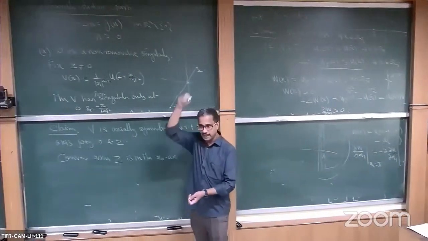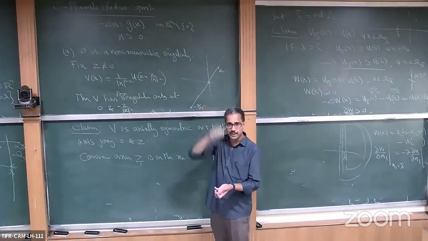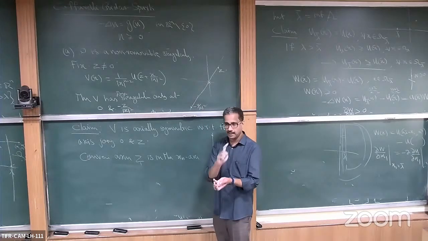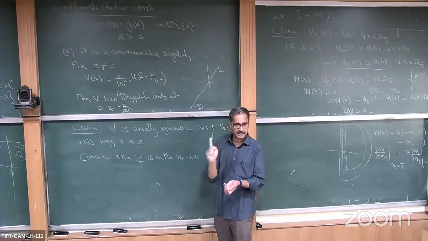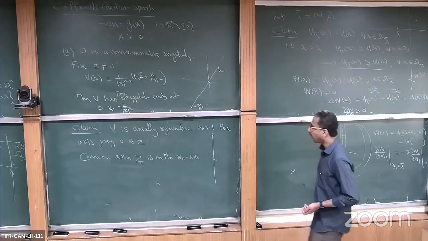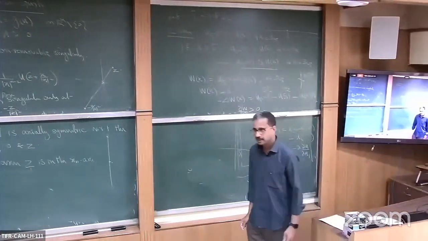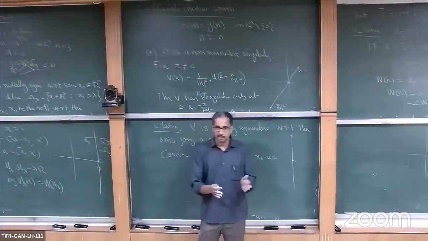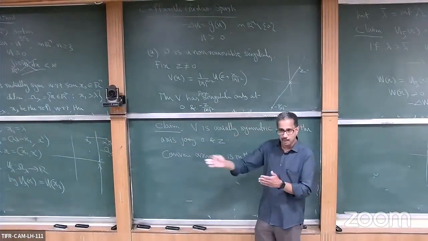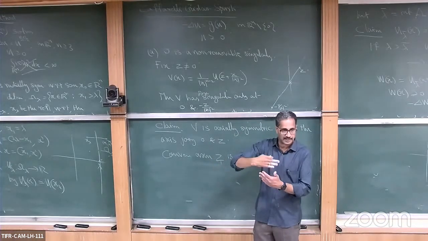So I have a vertical line. I want to show that it is going to be axially symmetric. That means on any circle around that axis, it is going to be constant, right? So how do I do that? We have found a way earlier to prove that something is radially symmetric: you start moving planes in arbitrary directions.